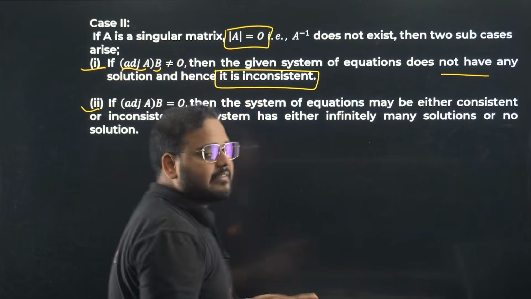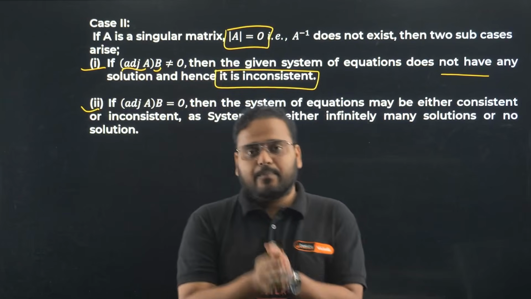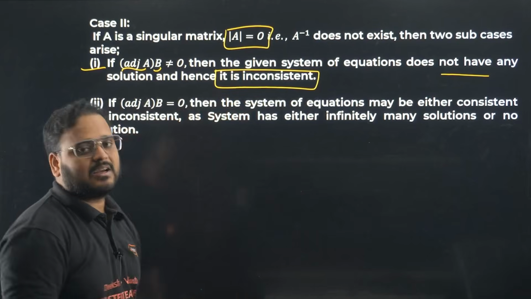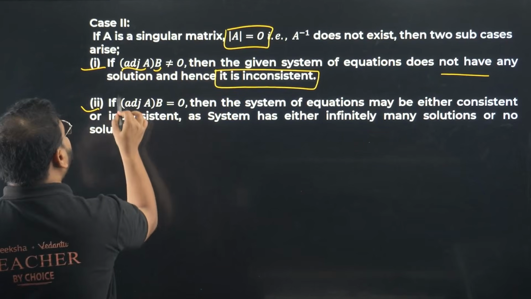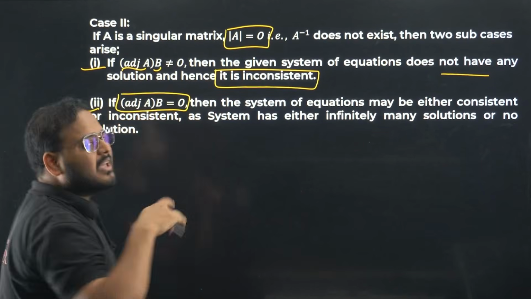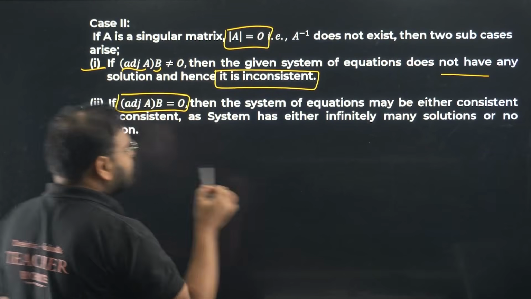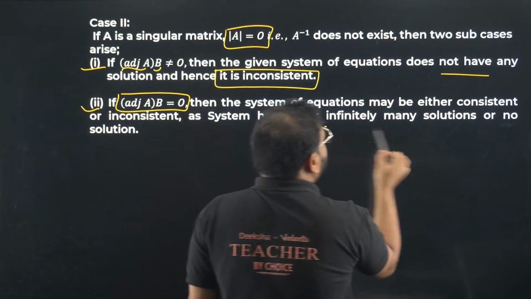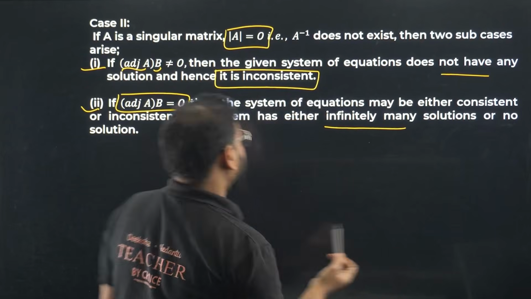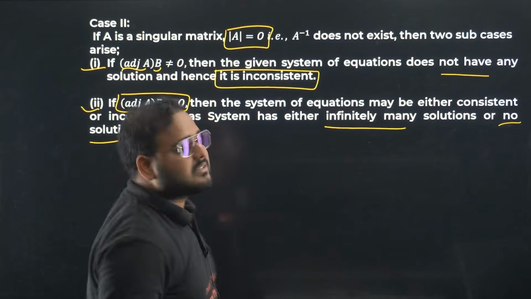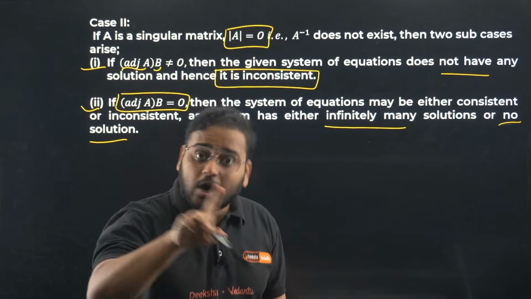I repeat, if adjoint of A times the matrix B is non-zero, then the system is inconsistent. But if adjoint of A times B is 0, then it can be either consistent or inconsistent. Basically it can have either infinite solutions or no solution, not the unique case.